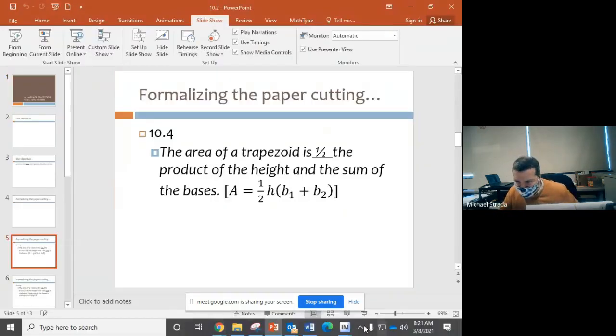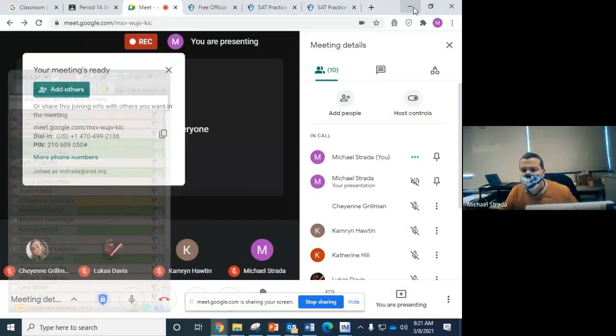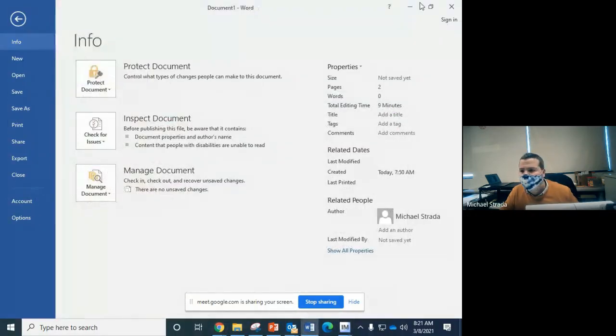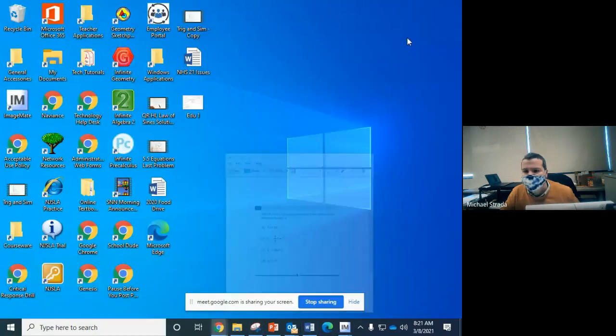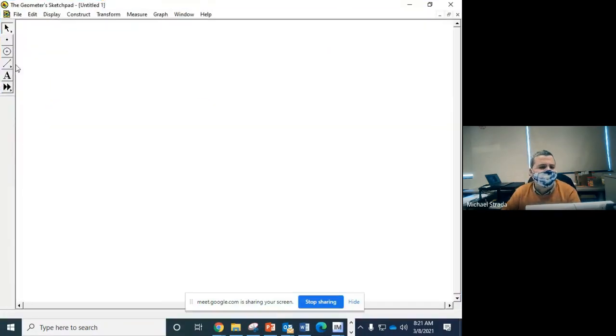So why is the area of a trapezoid 1/2 height, base 1 plus base 2? I'm going to make myself a trapezoid, and I'm going to make sure I don't make it isosceles because I don't want that to get in the way of knowledge.